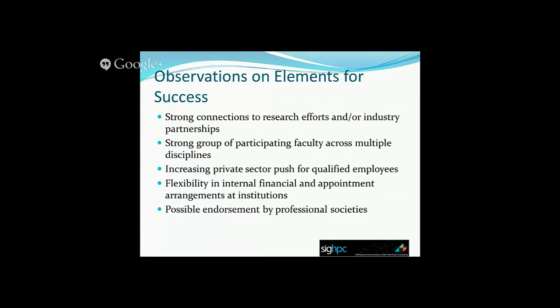The last thing I want to mention is that one of the things this chapter could think about in the long run, and one of our long run goals, is to think about possible endorsement by professional societies for the competencies or for certain programs, as a way of creating backing for faculty that are trying to make these programs a success at their institutions.